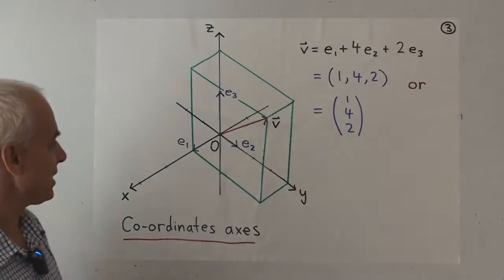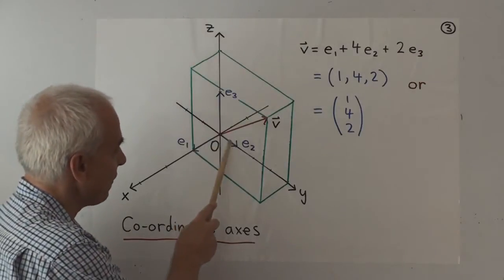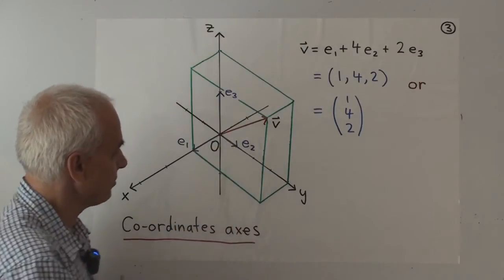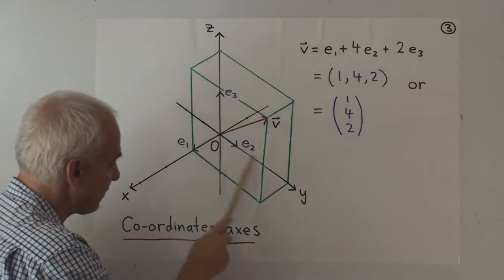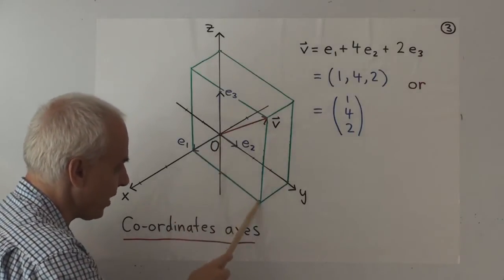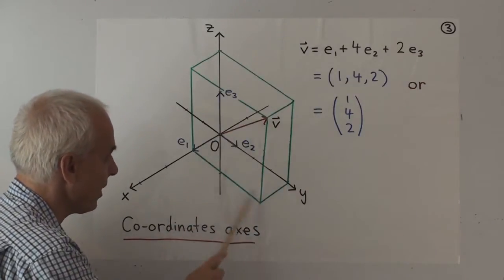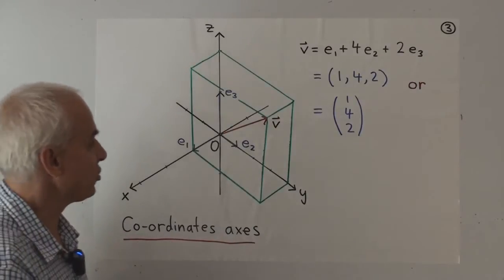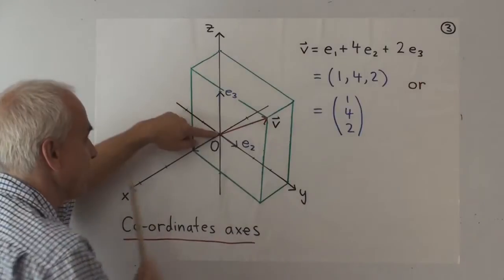For example, suppose we take the vector E1 and we add to it the vector 4 times E2. So there's E2, there's 4 times E2. So if we take E1 plus 4 times E2, that would be that vector right there, because that's a parallelogram. Okay. And now suppose we add to it the vector 2 times E3. There's E3, so there will be 2 times E3.